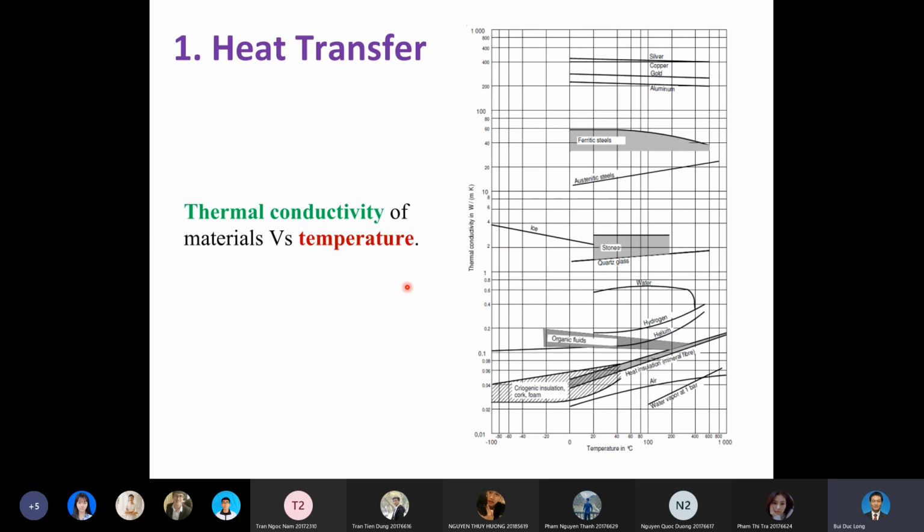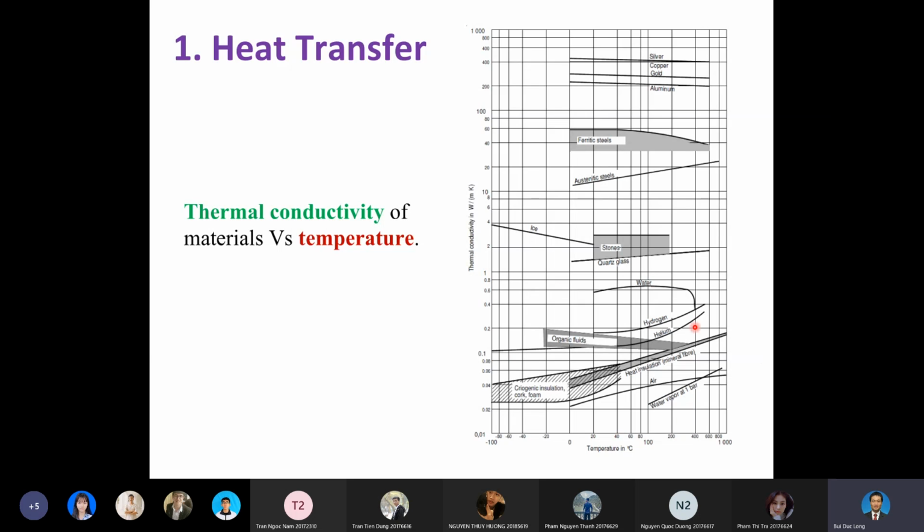So here is the thermal conductivity of some materials versus temperature. We can see here that water, air, and other gases have very low thermal conductivity, less than 1 watt per meter Kelvin.